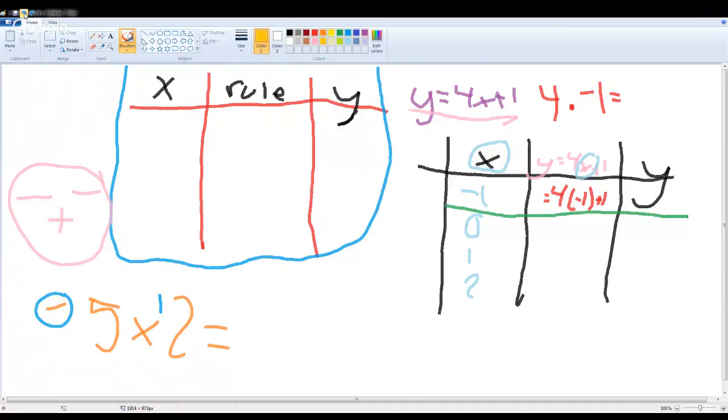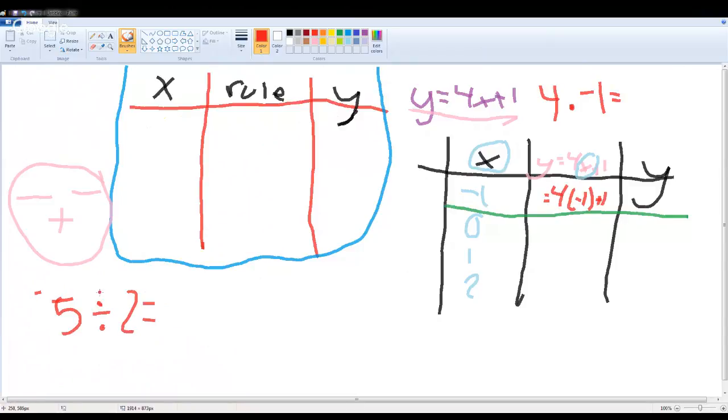Dividing is the same way as multiplying. Subtraction is the same way as addition. It's just different ways. So, negative 5 divided by 2.